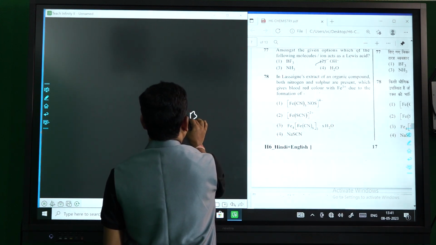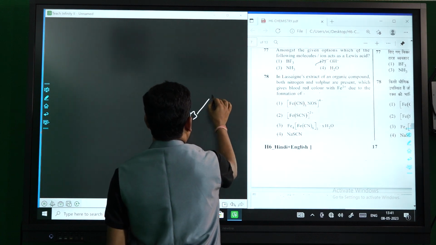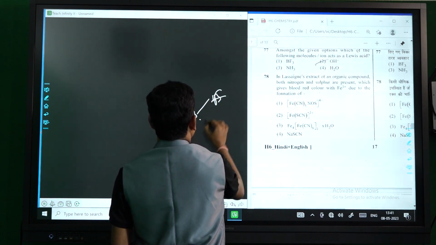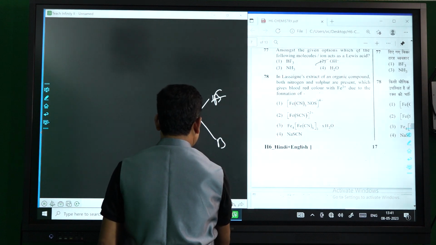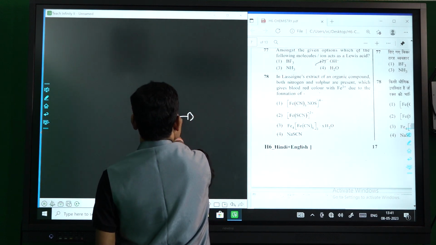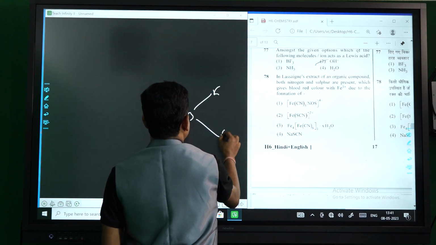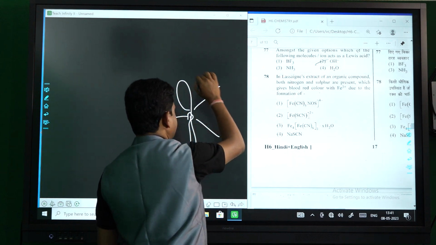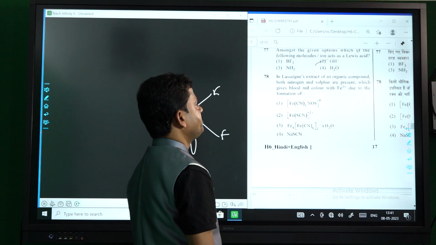BF3 has a vacant orbital present, so the answer is BF3.